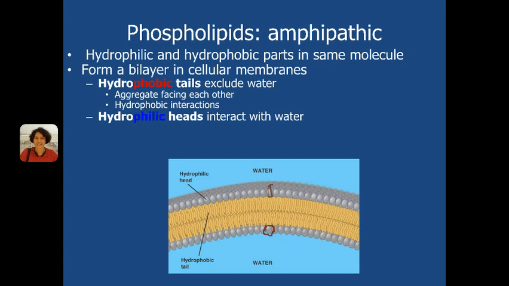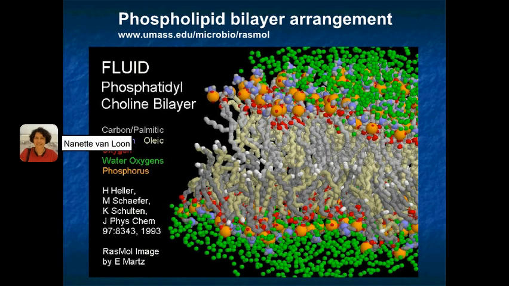As we said in the previous slide, phospholipids are very important components of cellular membranes, both interior membranes and the plasma membrane. This illustration shows us a representation of a membrane, like a cross section through a membrane, and also the interaction of this membrane with the water that surrounds it.